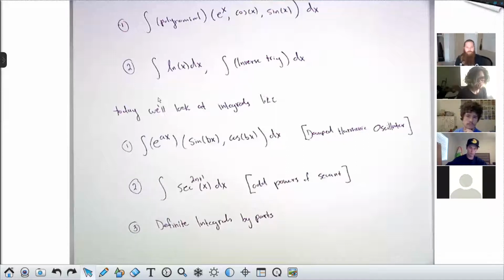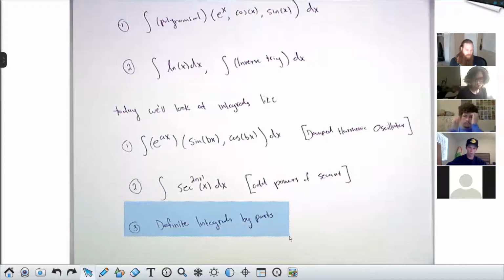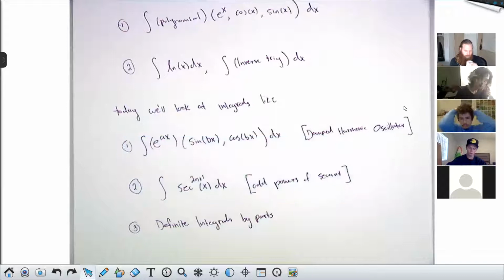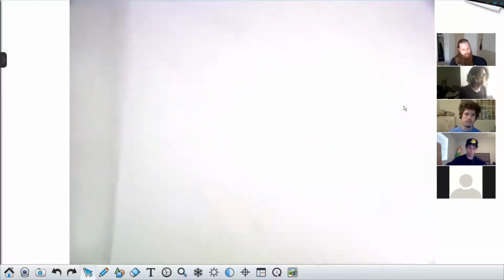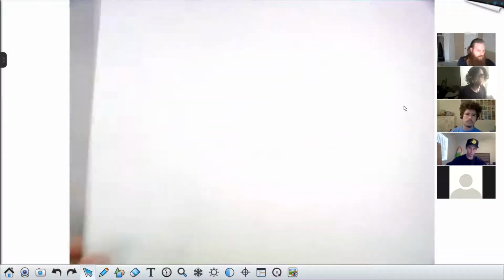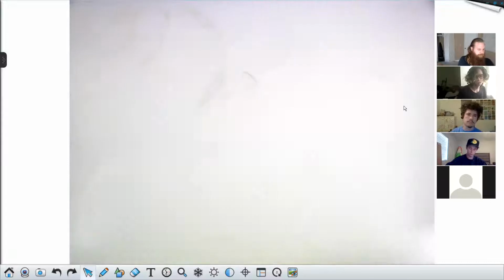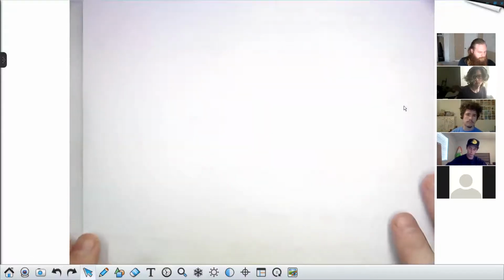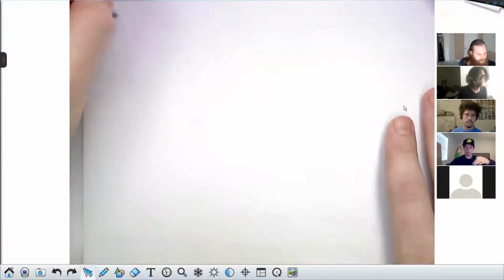So let's begin with the third item down here. I think this is actually the easiest thing, and we can connect it most readily back to what we were doing, and then I'll move to these other two. So let's look at a few definite integration by parts problems. One of these I like a lot, a fun problem.